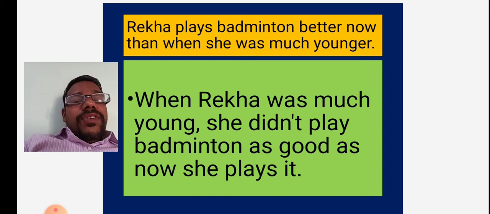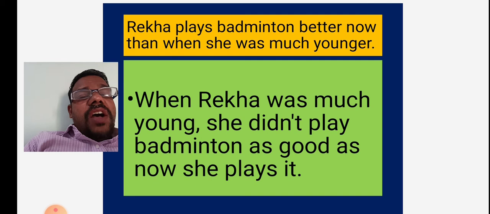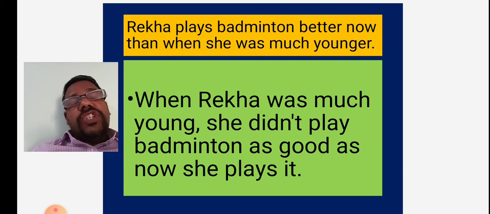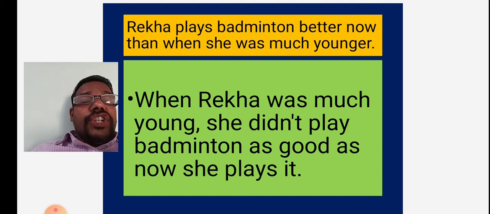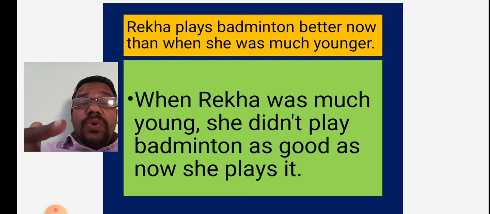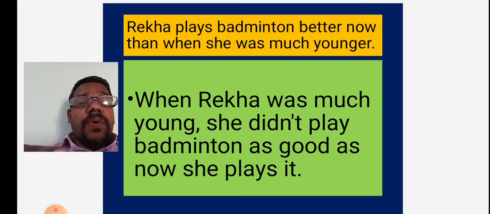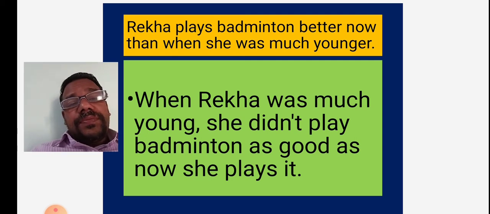I have rearranged this sentence. I have taken the second clause first. When Rekha was much younger also, I have changed it into young. She didn't play badminton. Now you see, better is changed into the positive form, that is good.